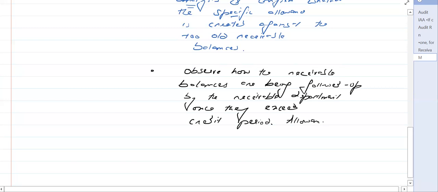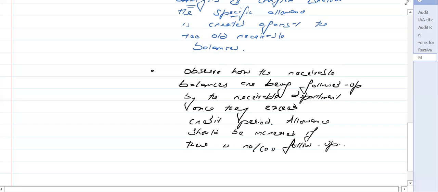Allowance should be increased if there is no or less follow-up.